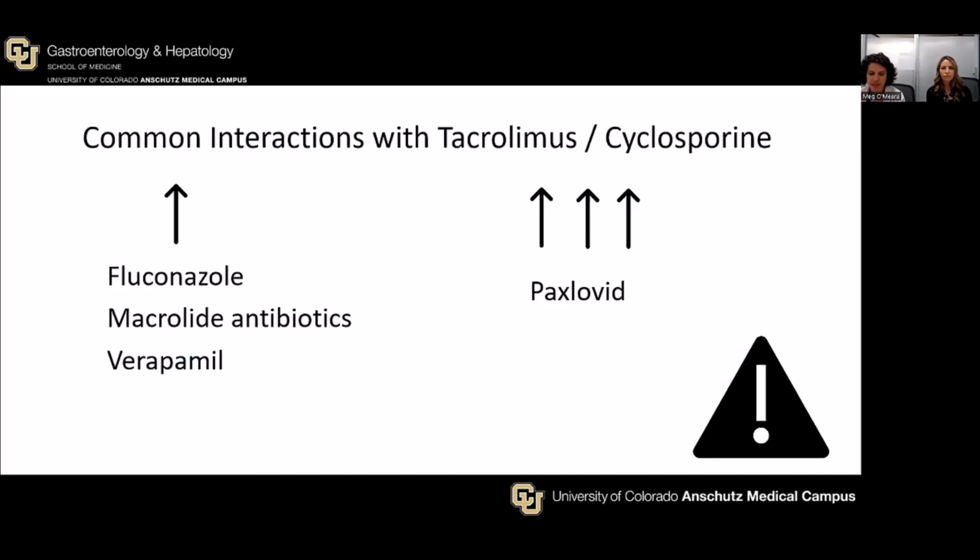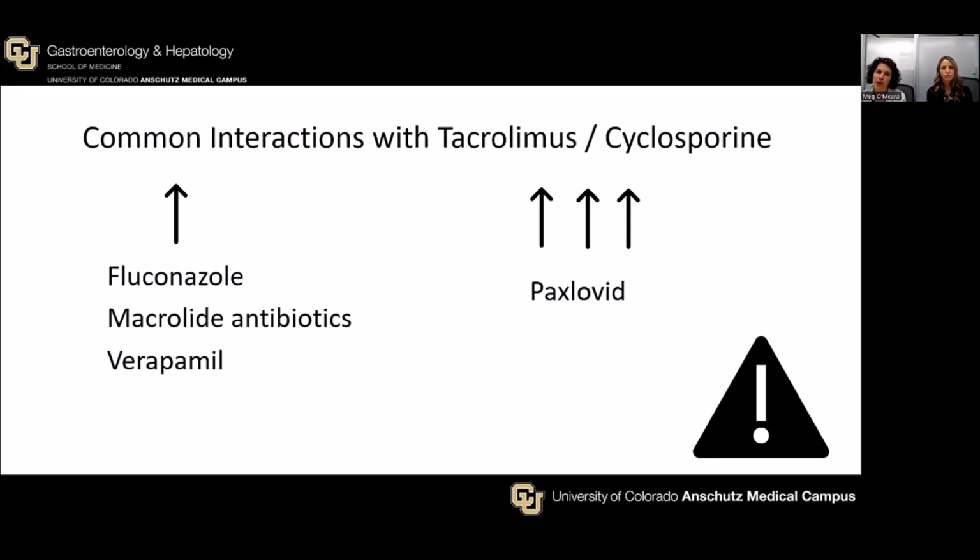So I wanted to list a few of the common drugs that interact with tacrolimus and cyclosporin. Calcineurin inhibitors are metabolized via the cytochrome P450 enzyme. So definitely the list of their drug interactions is extensive, but just a few to touch on here. So fluconazole, macrolide antibiotics, so that's going to be azithromycin, clarithromycin, erythromycin, and then verapamil can all cause elevations of tacrolimus or cyclosporin levels.